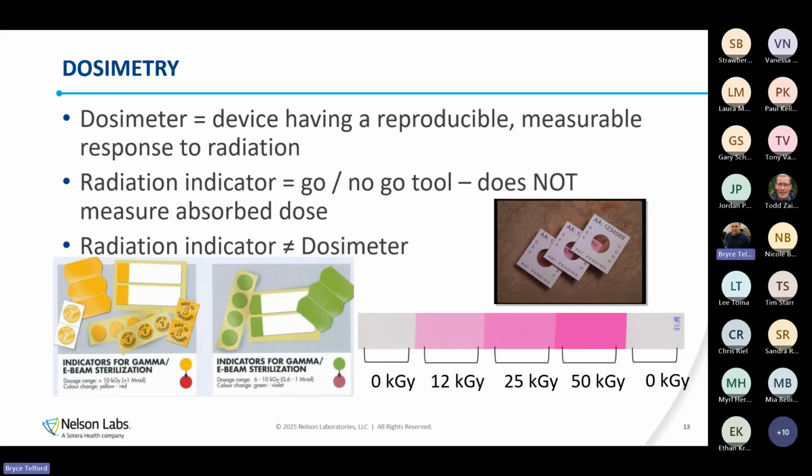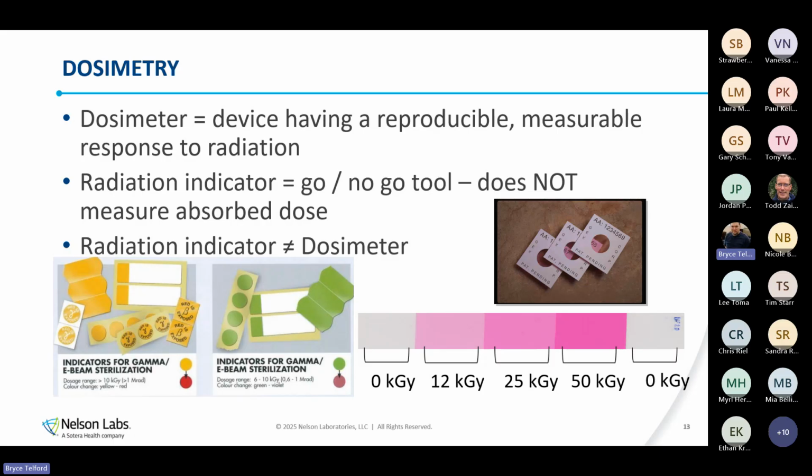When we're talking about radiation, we can't talk about it without talking about dosimetry and dose. Sterilization has processing variables. For ethylene oxide, we have temperature, relative humidity, gas concentration, and time. So we have 4 variables for ethylene oxide.